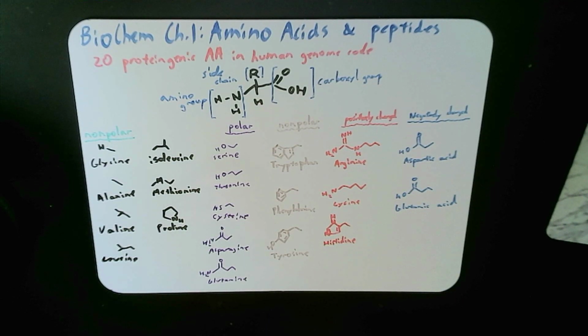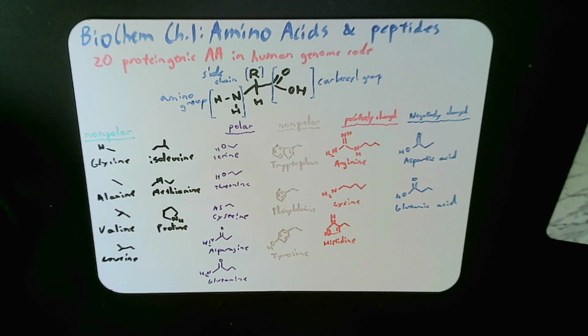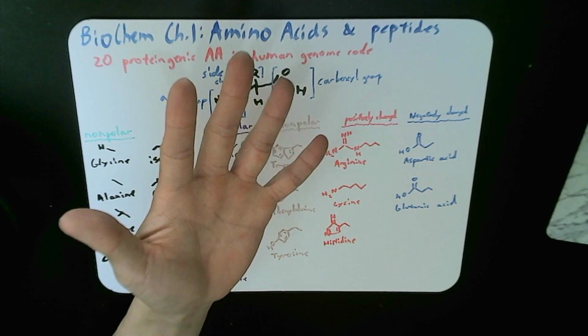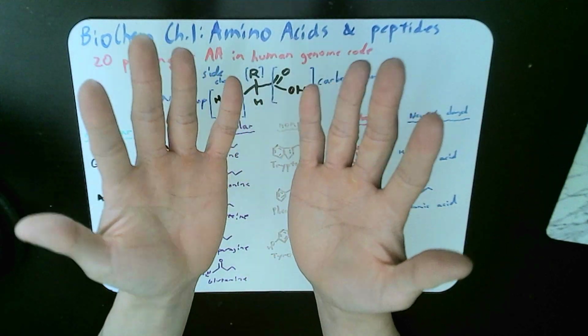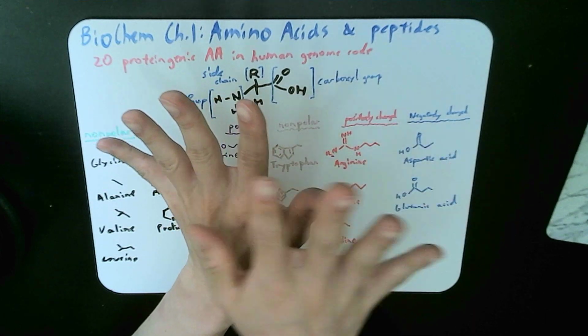So starting from a nonpolar group, we have glycine. Glycine is the simplest form of amino acid, whose R group consists only of H, the hydrogen atom. Now, with that being said, there's a special rule here where all amino acids we find here are chiral. If you don't know what chiral means, if you hold out your hand, you can see that your left hand and right hand cannot overlap each other because your thumb is on the opposite sides.